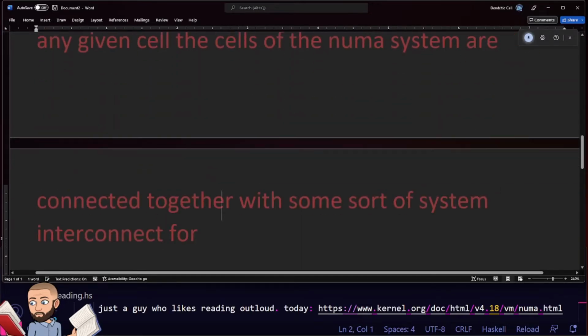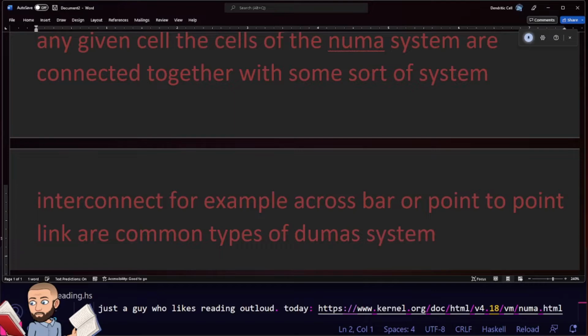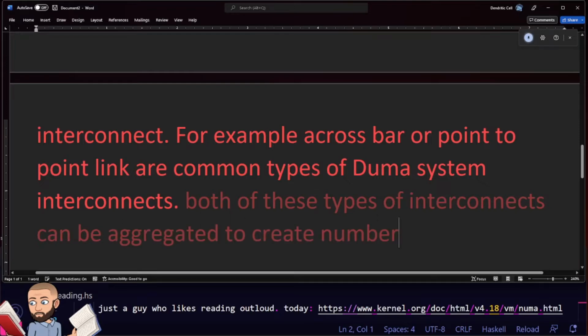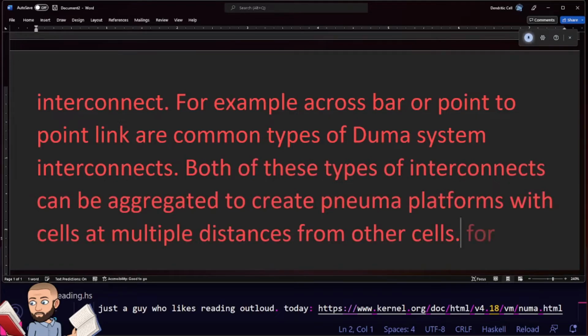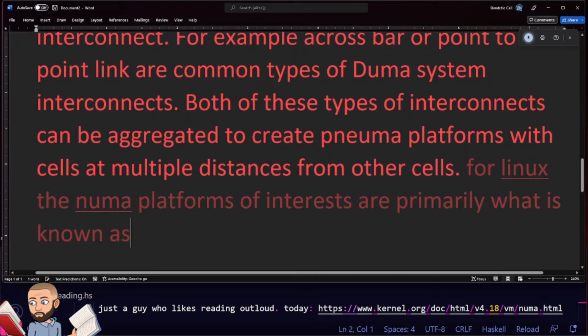For example, a crossbar or point-to-point link are common types of NUMA system interconnects. Both of these types of interconnects can be aggregated to create NUMA platforms with cells at multiple distances from other cells. For Linux, the NUMA platforms of interest are primarily what is known as cache-coherent NUMA or CC-NUMA systems.